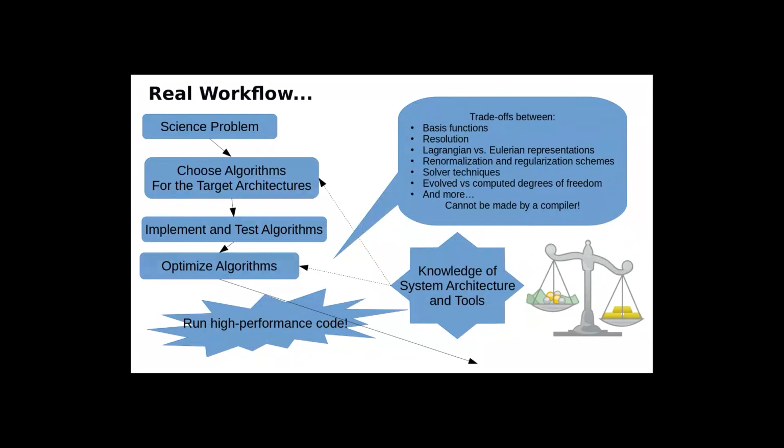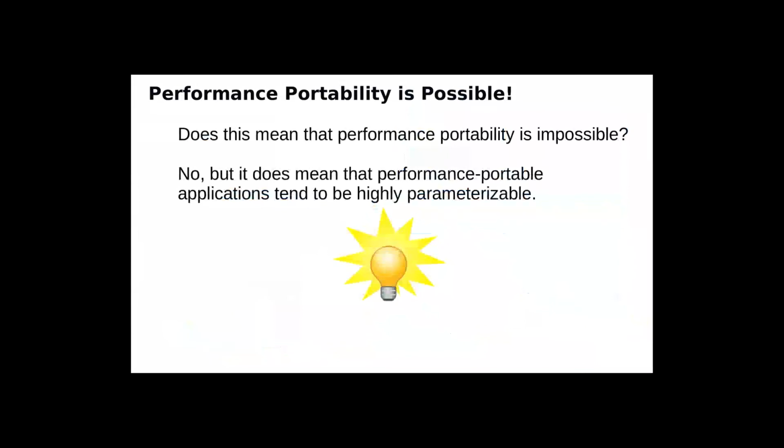These are choices that cannot be made by a compiler, at least not a compiler that's operating at a C++ or Fortran level. And so it's important to understand that while the creation of performance portable applications is certainly possible, it does mean that those applications tend to be highly parameterized, so that those various algorithmic choices can be exposed and used as part of the tuning process.